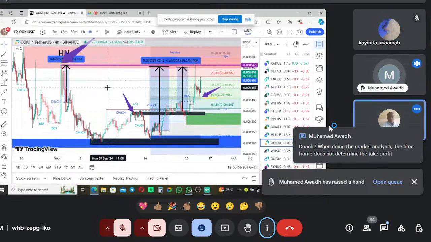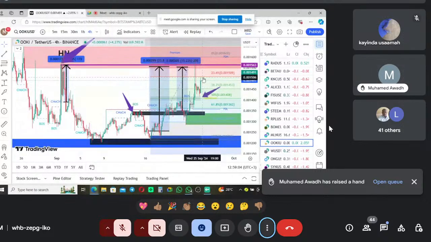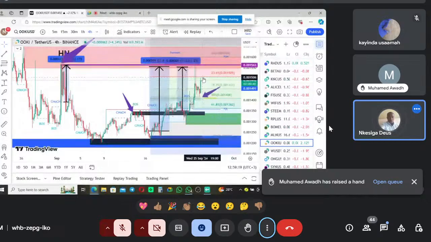When doing the market analysis, my question is, does the time frame determine the take profit or does it not matter? It doesn't matter. When you are on 1 hour and you see that this is my entry, then you measure where you want to take profit from. If you are on 1 hour, it is the same. When you are on 4 hours, it is the same. It's a matter of knowing where I need to take profit from and where I am entering the market from.